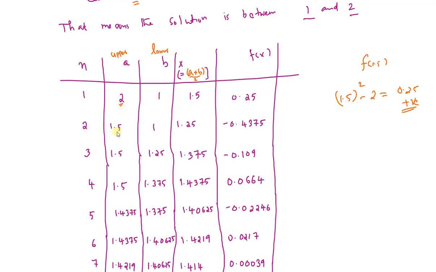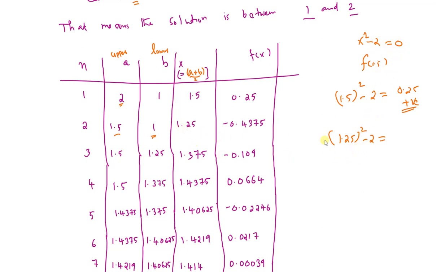So that is what is done in the second iteration. I have taken a is equal to 1.5 and b is kept as 1 itself. Again I have taken the average of 1.5 and 1, it is 1.25. Again you substitute the value of 1.25 in the function, that is 1.25 all squared minus 2, because our equation is x squared minus 2 is equal to 0.